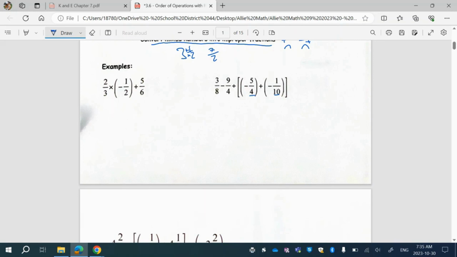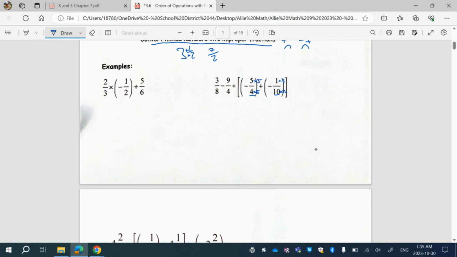The first number that both 10 and 4 go into is 20. So to change 10 into 20, we times the top and the bottom by 2. And to change 4 into 20, we're going to multiply by 5. We need to do that to the top as well.